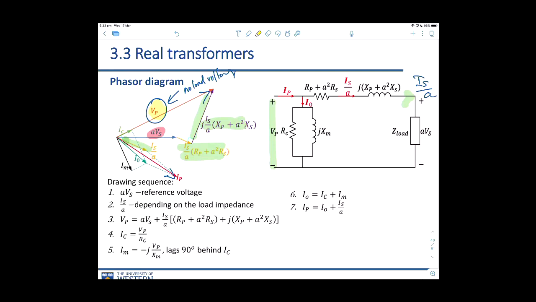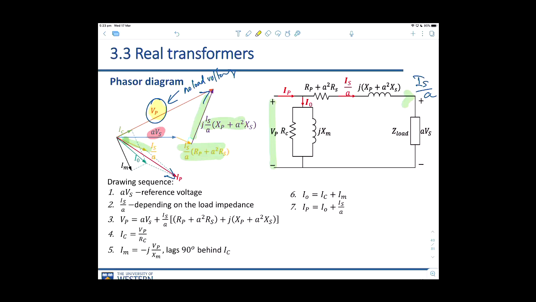So A Vs, no problem, that's our reference. Is on A is lagging, and what determines that? It will be determined by the power factor of the load. So it's a lagging power factor. What we are drawing will depend on the power factor of the load. Then, if Is on A is like that, the voltage drop across the series resistance will be parallel to that current.